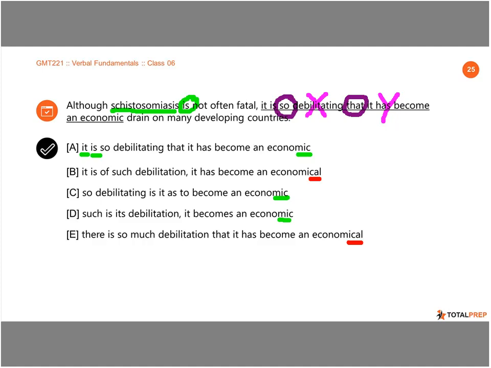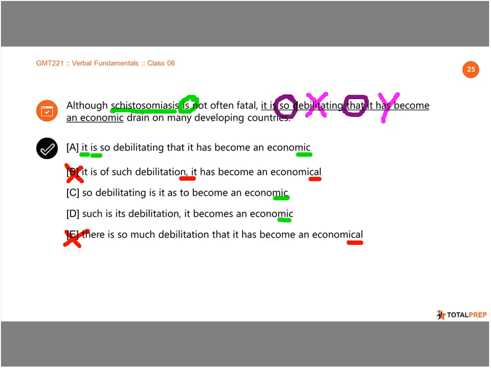And economical is something that does not use much, for example, an economical car, right? So this is one characteristic by which you can eliminate E and B.